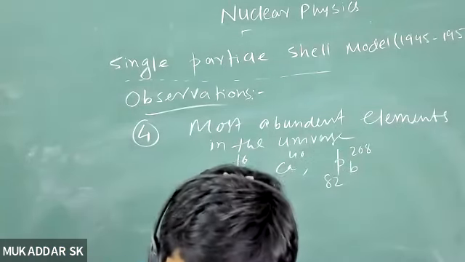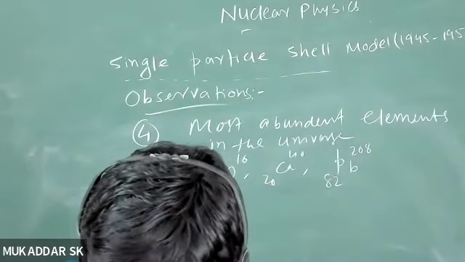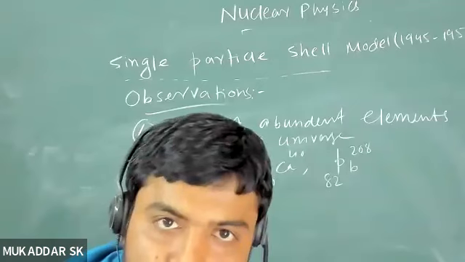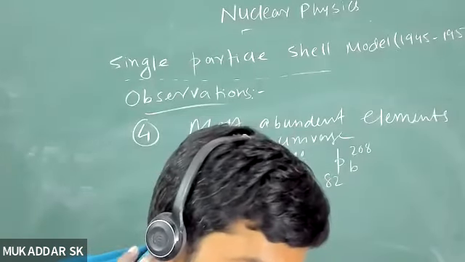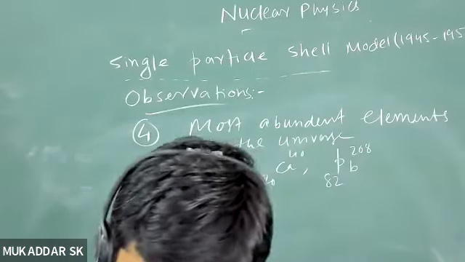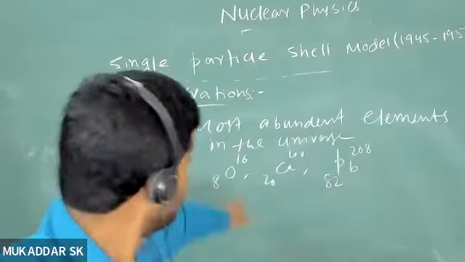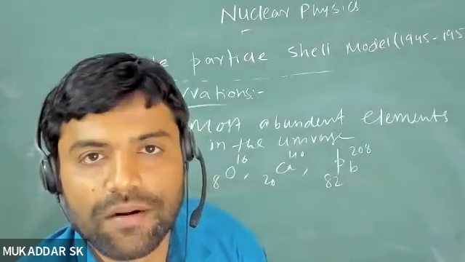We'll discuss that model and solve problems. Sir, helium is also a double magic number, no? Helium is also a double magic number, but it's not abundant. But the abundant element corresponds to a magic number. That is the main thing.